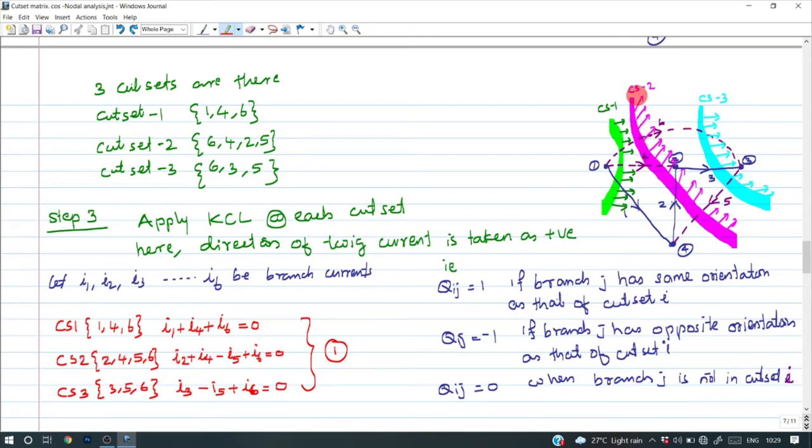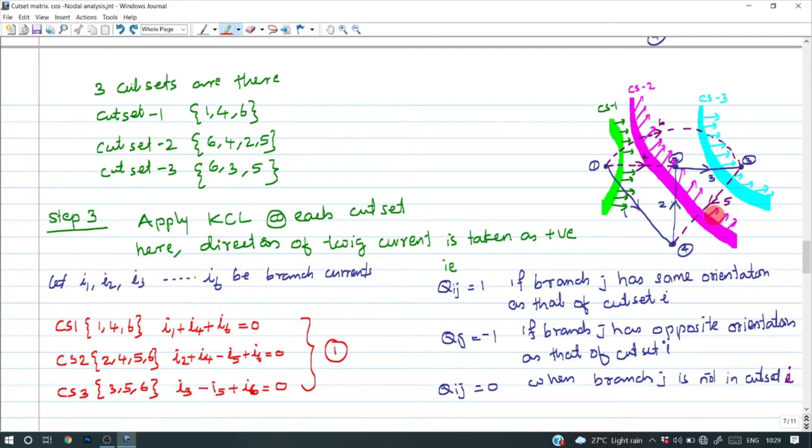Similarly, when we are applying KCL at cut set 2, the branches involved are 2, 4, 5 and 6. What about the direction of branch current 2 and cut set direction? Same, positive. I2 is positive. I4, the orientation is same as that of cut set 2. Their sign is positive, plus I4. Then I5, what about I5?